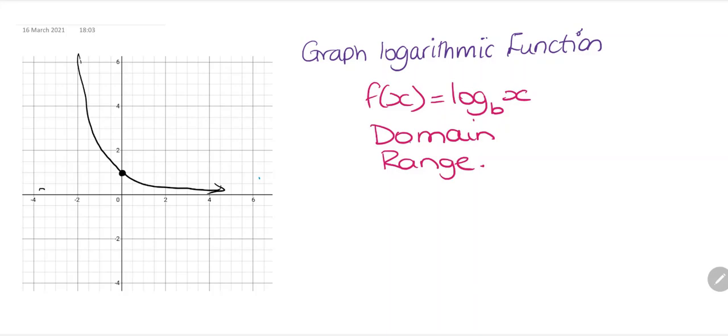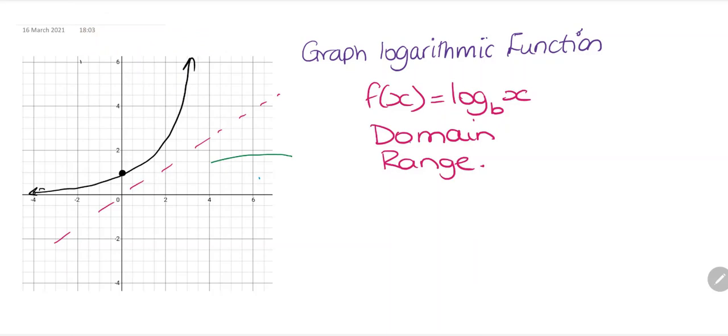Well, our logarithmic function is going to be like a reflection. If we had the line y is equal to x, we're going to have a reflection which is going to give us something like this.